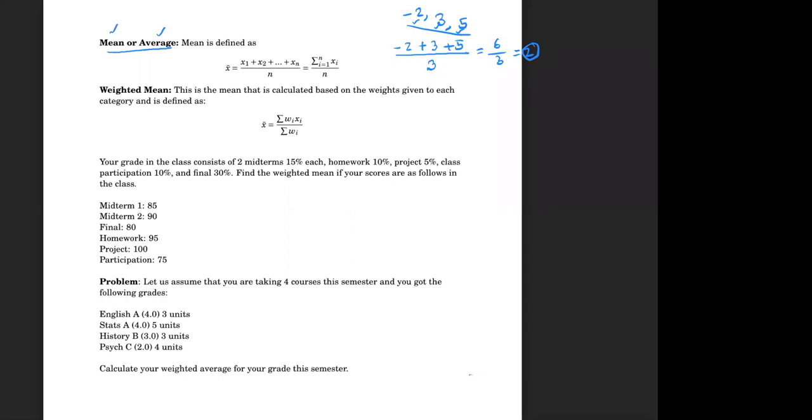Now, this same concept, by the way, is expressed right here, but in terms of symbols. Instead of actual numbers, say our data points are x1, x2, x3, and xn.